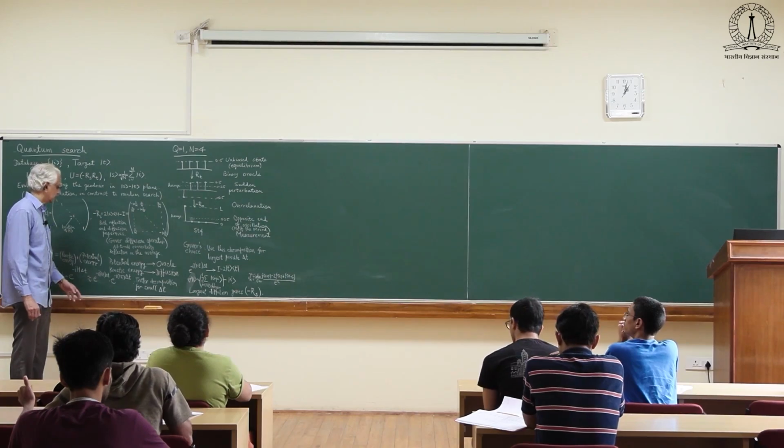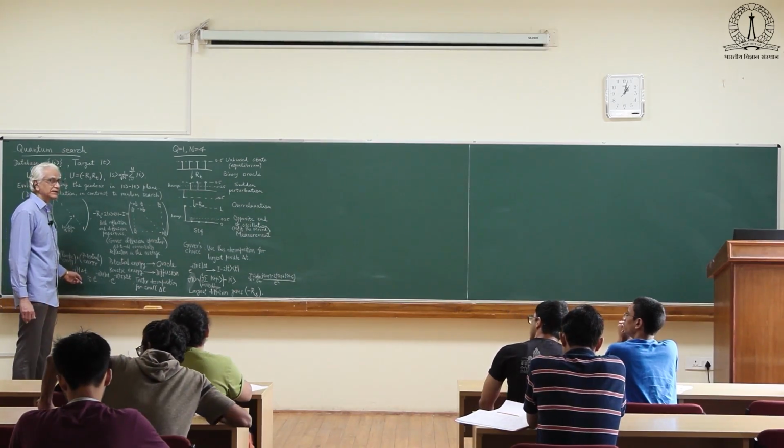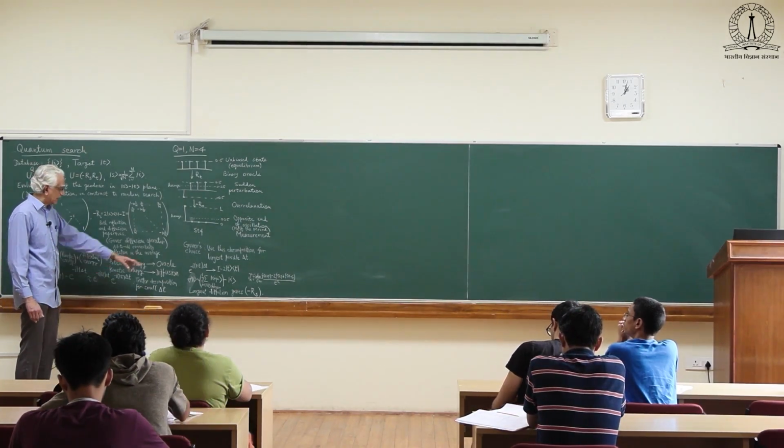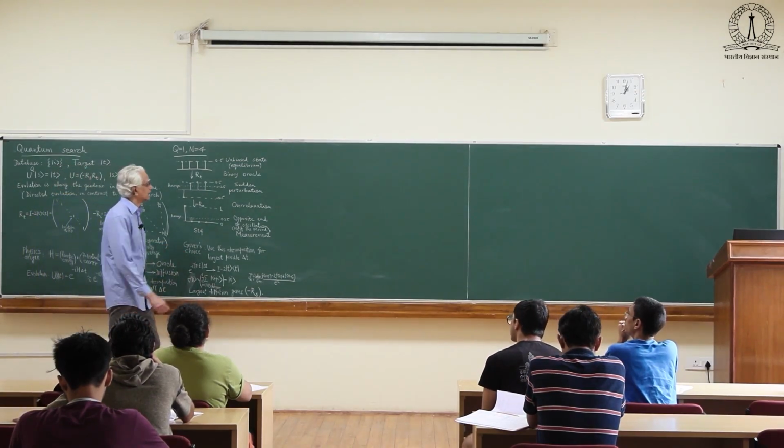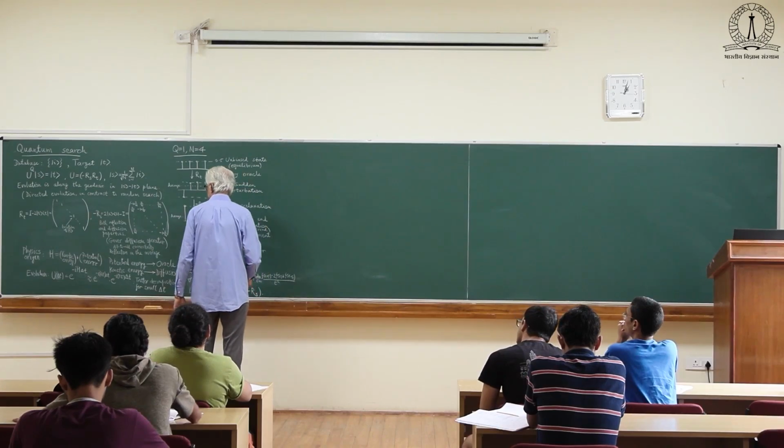So I can ask, what is the Hamiltonian which he used by making this drastic jump? And that is something which can be worked out.